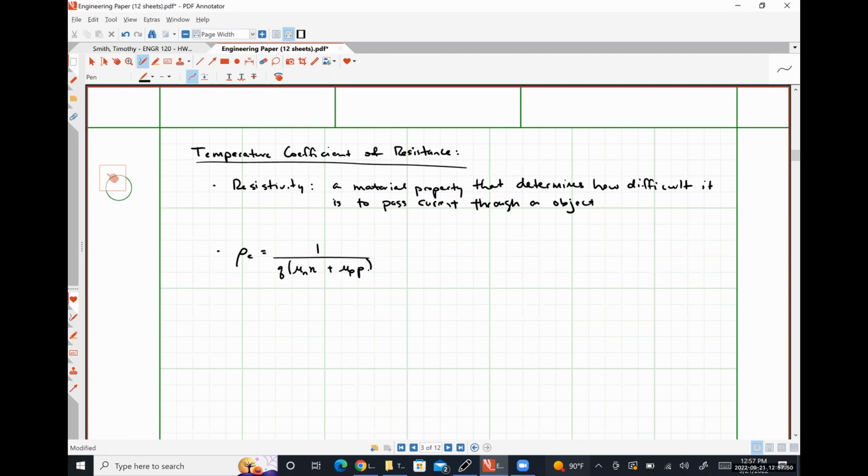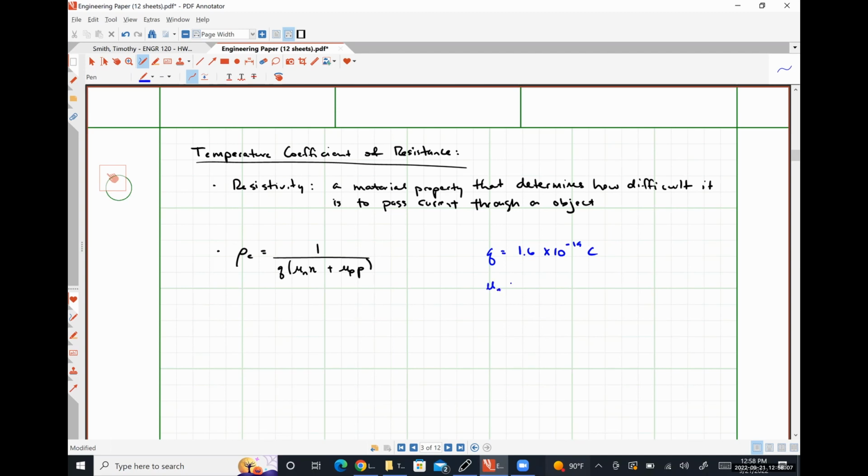So just as a basic recap here, I'll do all this stuff in blue. Q is 1.6 times 10 to the minus 19 coulombs, our fundamental charge.